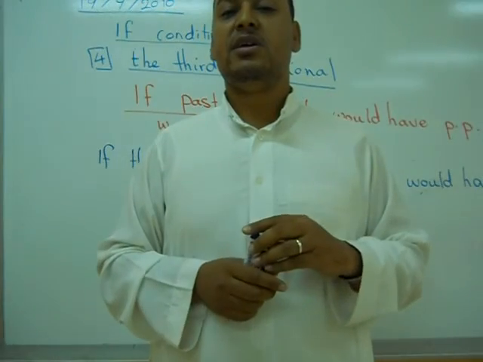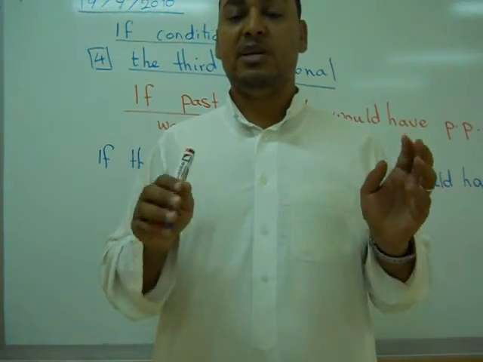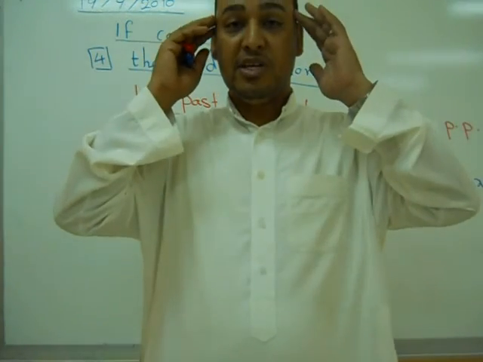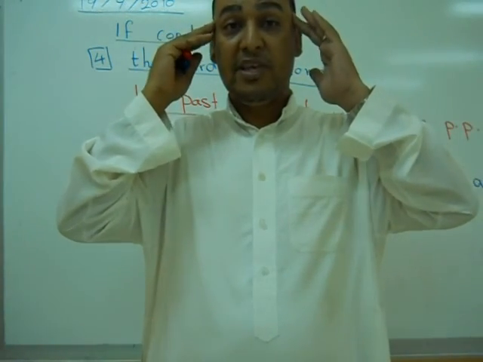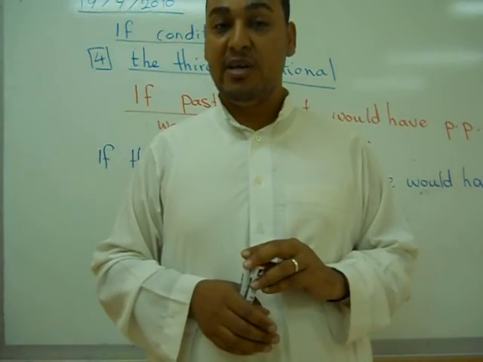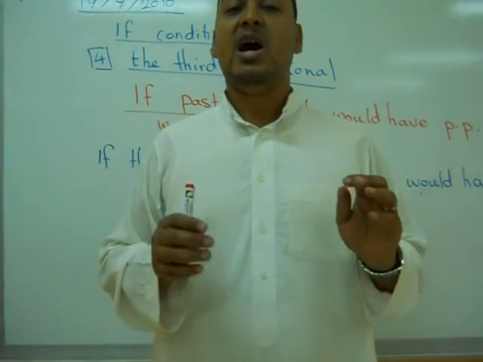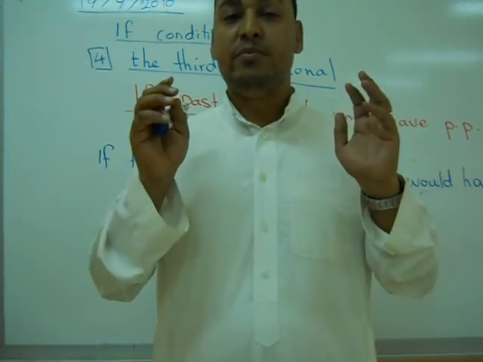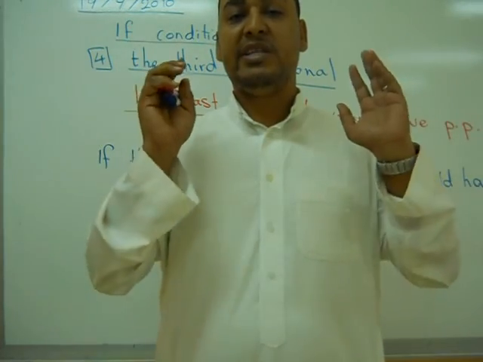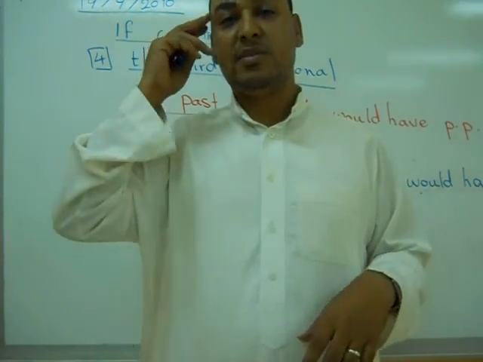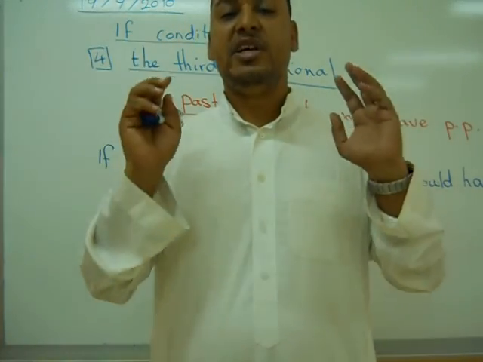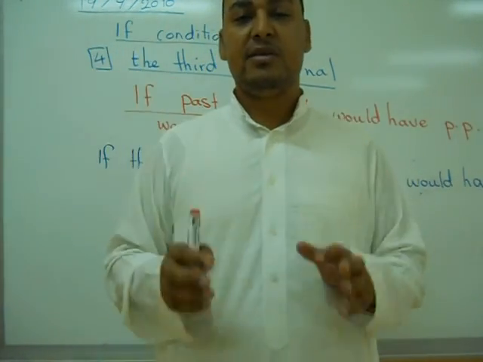So we didn't use the present or the past simple, we use the past perfect to express imagination or imaginative thinking or imaginative actions. If I had money, I would have bought a villa, okay? But I didn't buy a villa because it's some kind of imagination and I don't have the money or didn't have the money in the past or at the present.